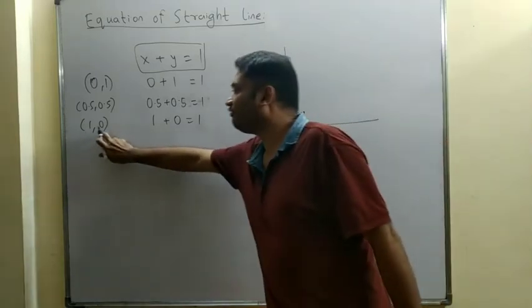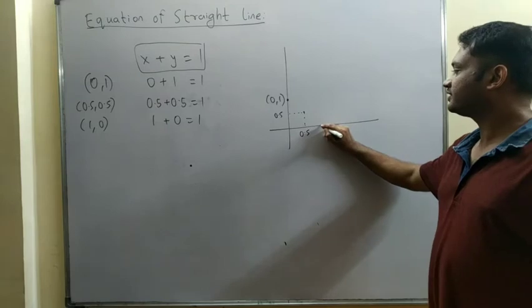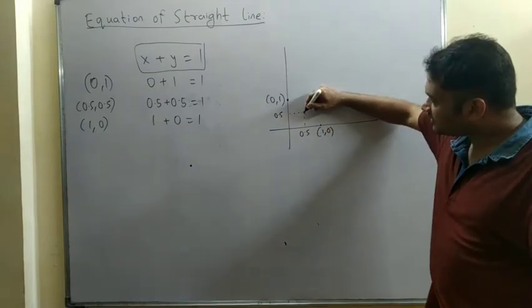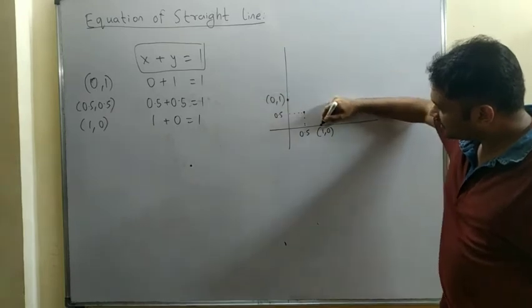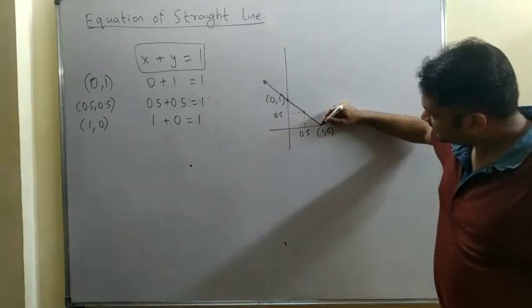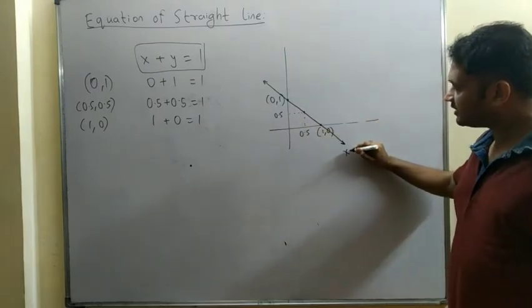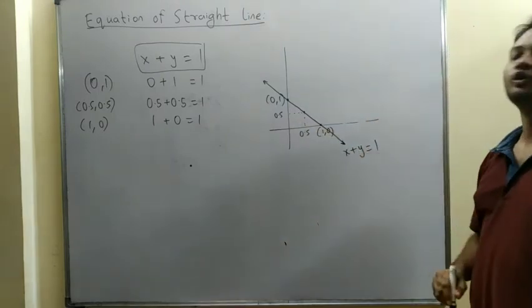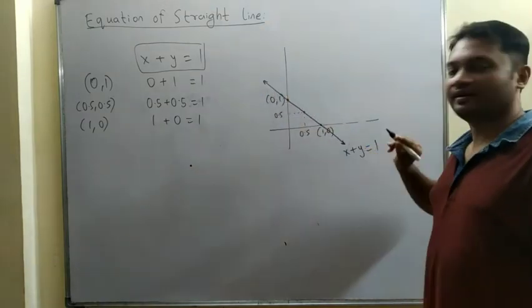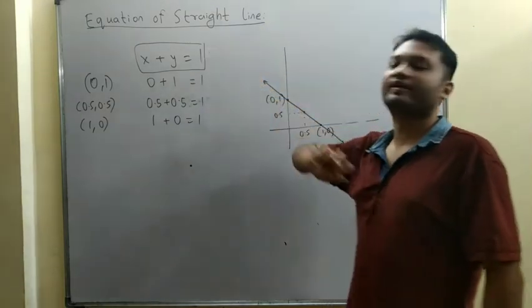Our final point (1, 0), which is, let us say, this point. So all these 3 points are lying on the same straight line whose equation is given as x plus y is equal to 1.